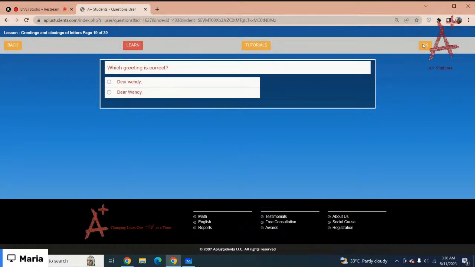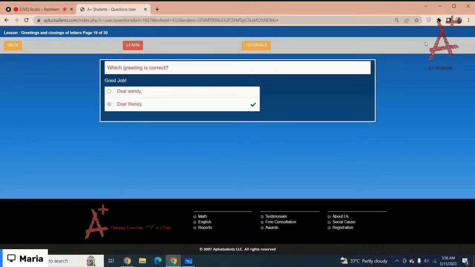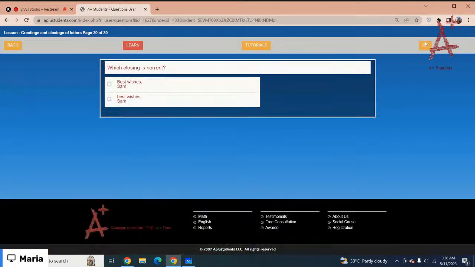Option 1 or 2? It would be option number 2. Which closing is correct? Best wishes, Sam, option 1 or option 2? Option number 1 is the correct option.